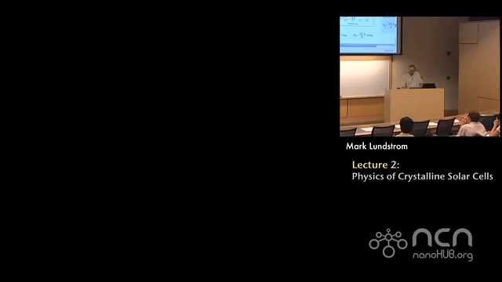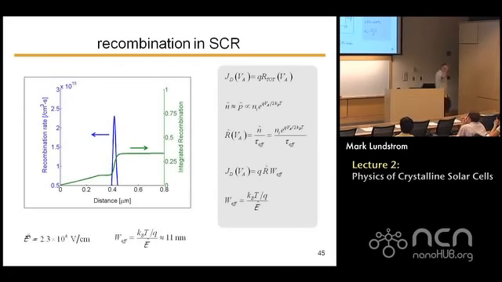Let me see if I can answer that. If you have something like radiative recombination, where you need both an electron and a hole to recombine, then you would write the recombination rate proportional to the product of the two, and your lifetime would depend on that. Now, this is recombination through a defect, and I'm simply arguing that the recombination is occurring everywhere.